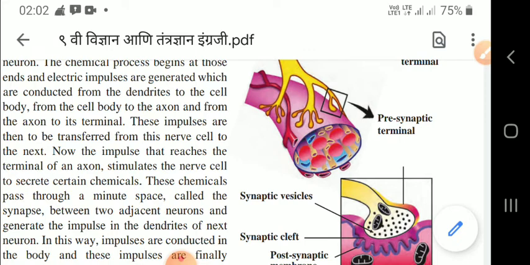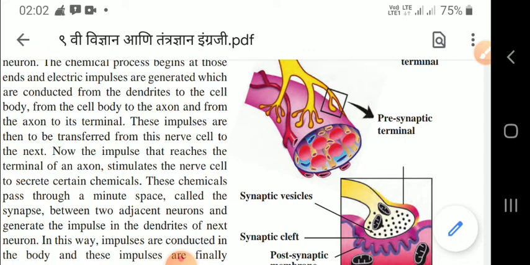This is a very minute space. Through that, chemicals are passing, which are carrying the impulse. So this space is called the synapse. So what is the synapse, children? Where the junction of two nerve cells takes place, or two nerve cells are just joining, that is called the synapse.